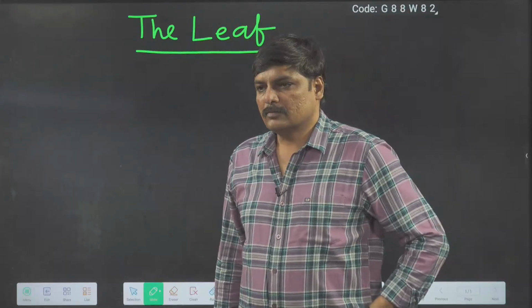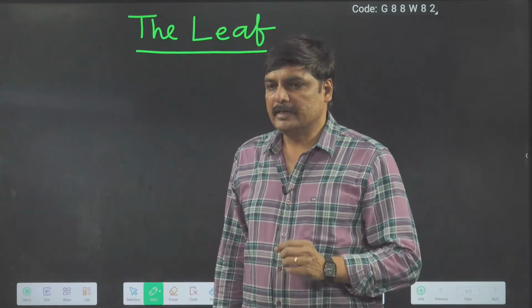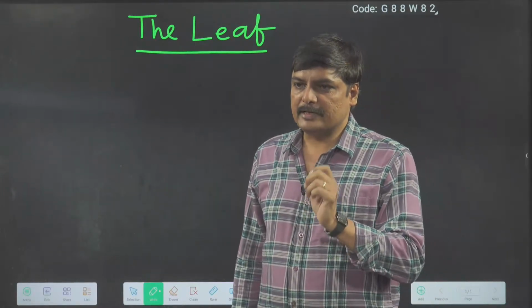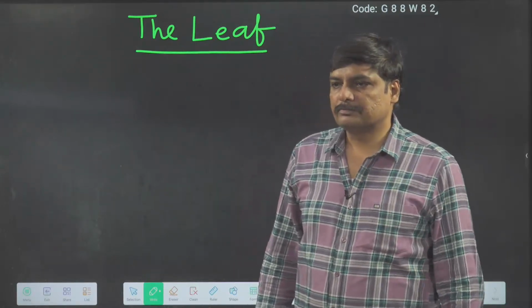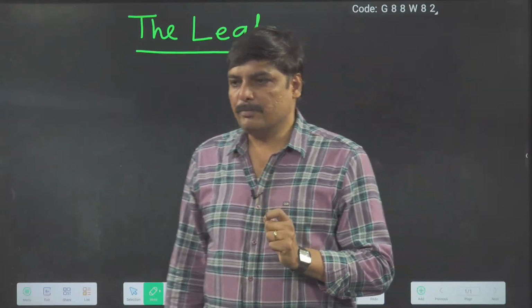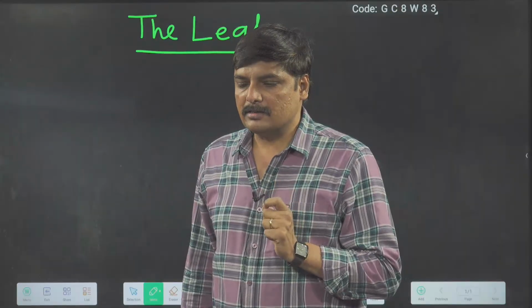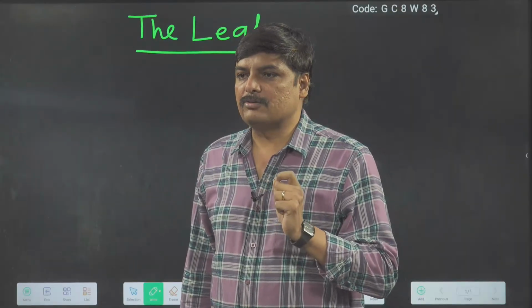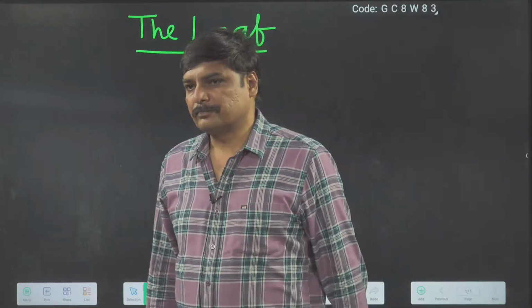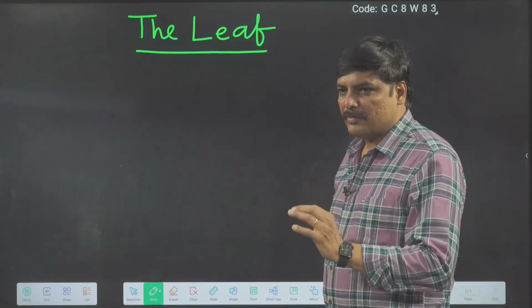Root, stem, and leaf. These three organs are called vegetative organs of a plant. Okay? Root completed, stem completed.